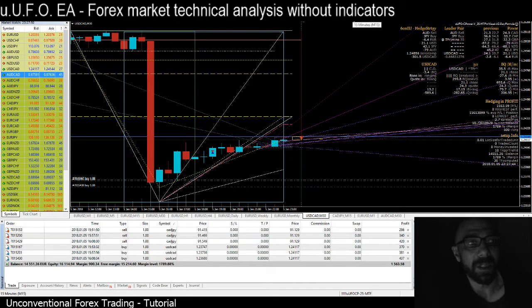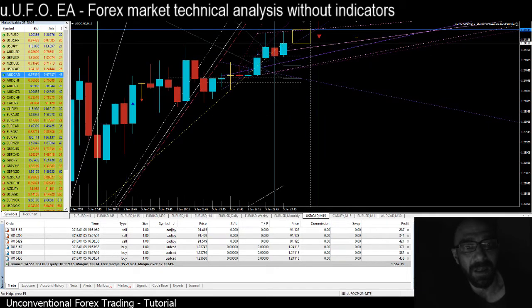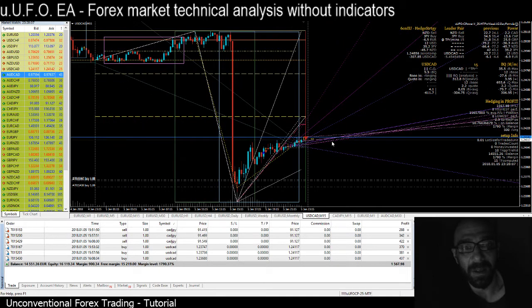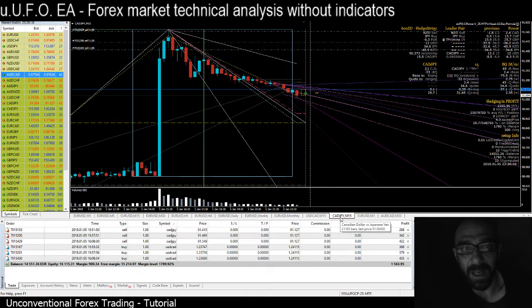Let's take a look, because CAD is somehow having some strength anyway. So it could be a final strength in the case of USD, for then weakening and reaching this point, or it can be enough, because every currency and cross are behaving differently.